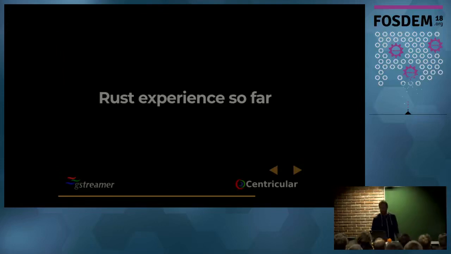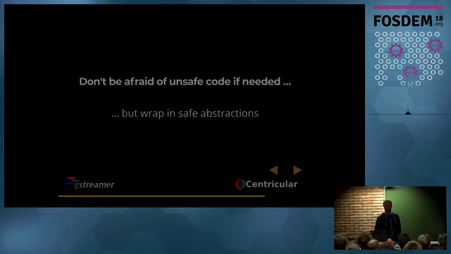Some things that I noticed though is that people are generally very afraid of unsafe code. What I noticed is that you really shouldn't be that afraid of unsafe code, especially if your alternative would be to write something in C. In C, everything is unsafe, it's just not written on it. So if you really have to use unsafe code, don't be afraid to do that, just do it, but wrap it in safe abstractions.